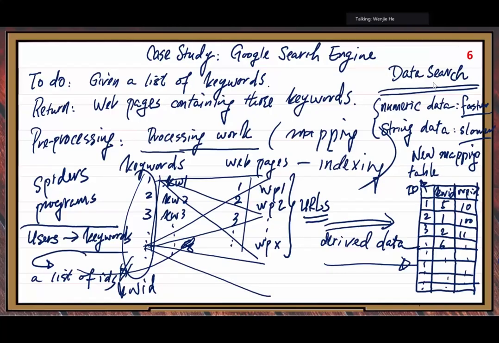After we get the list of numeric IDs, then we can go to this derived table. This step is also important.